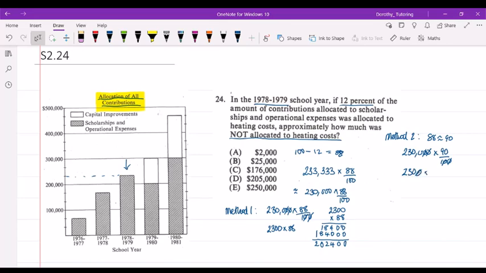So now I've got the 90 times 2,300. That can be written as 9 times 10 times 2,300. There you go. I'll multiply by 10 first because, yes, you guessed it, it's easier for me.